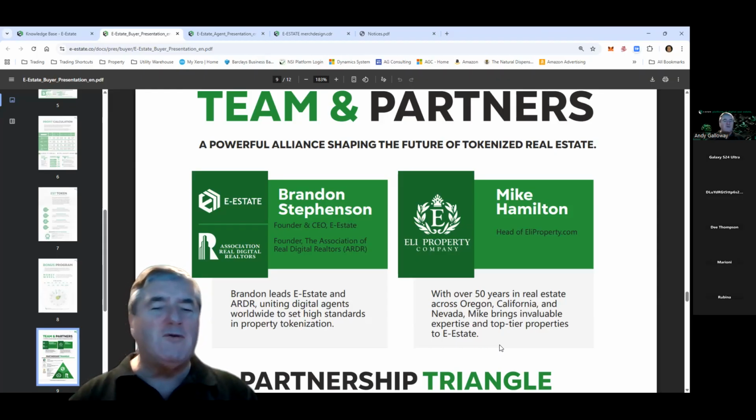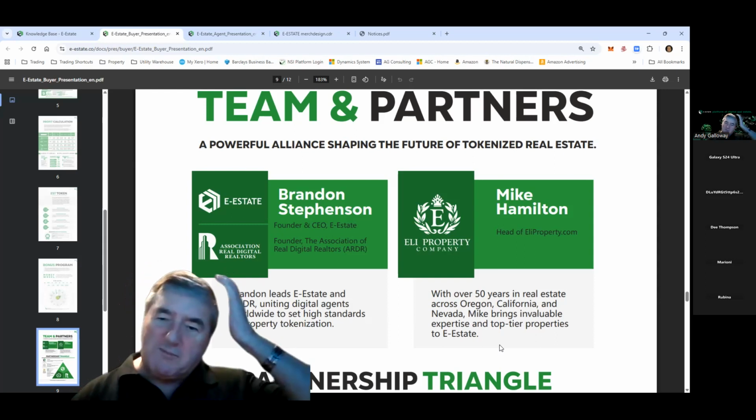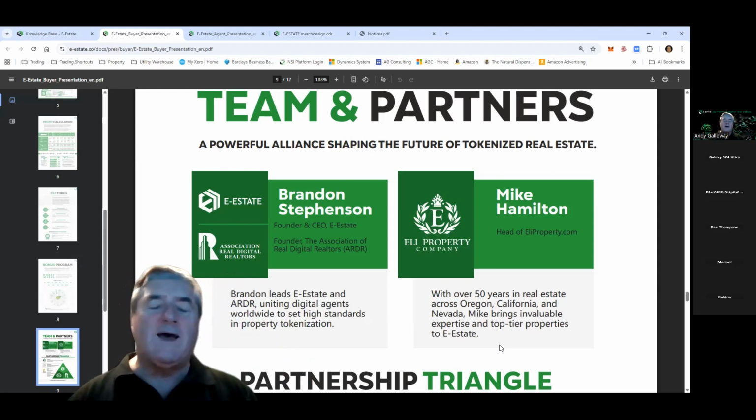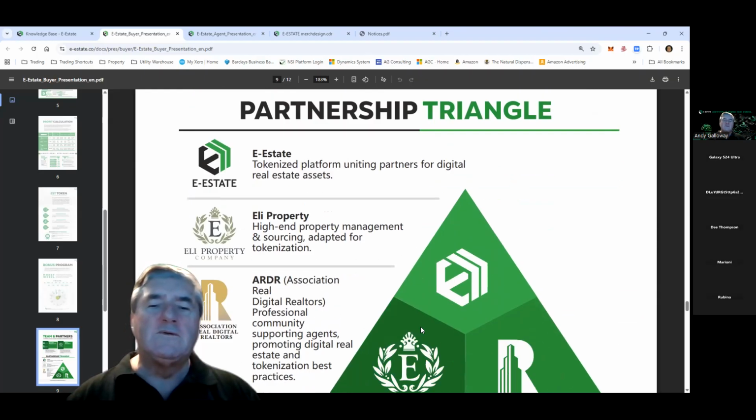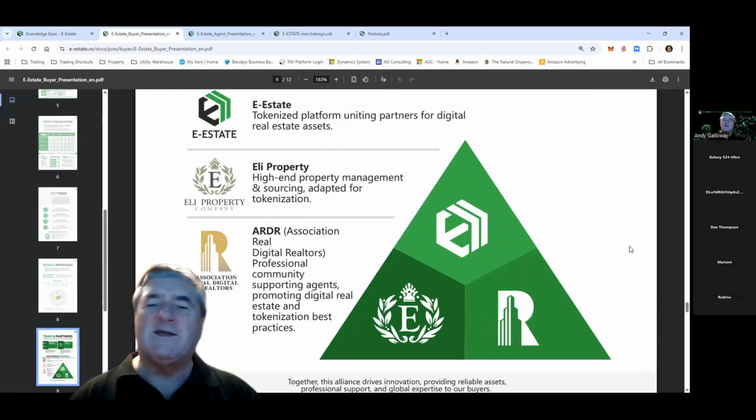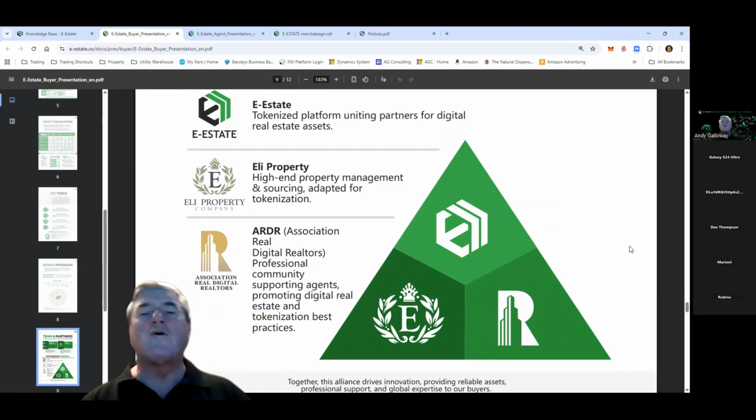And this is the future of digitized real estate, and e-estate are leading the field in this. So it's been a long time coming, but it's here. Every good idea has its day eventually, and the time for this is here right now. So this is a partnership between e-estate, Eli Property Group Incorporated, and ARDR, the Association of Real Digital Realtors.